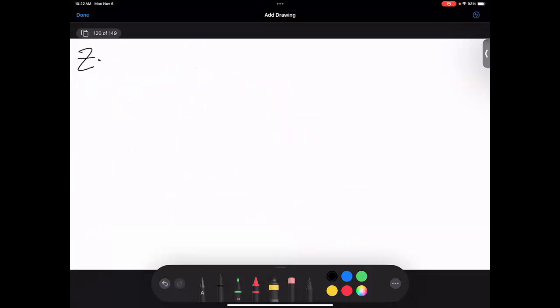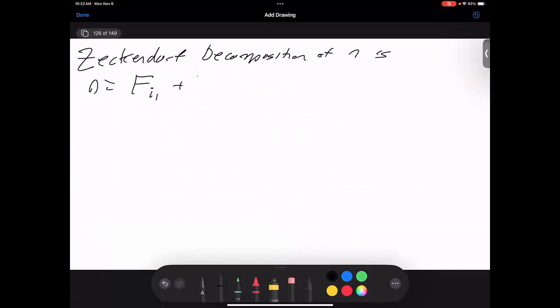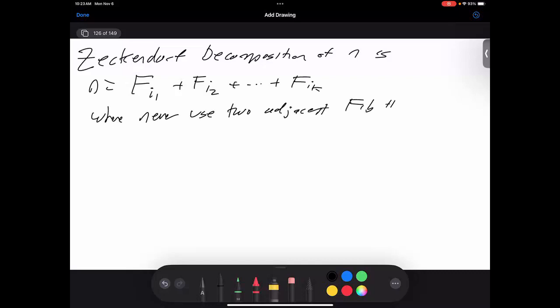A Zeckendorf decomposition of n is, we can write n as, say, F_i1 plus F_i2 plus dot dot dot plus F_ik, where we never use two adjacent Fibonacci numbers, and each Fibonacci number is used at most once.